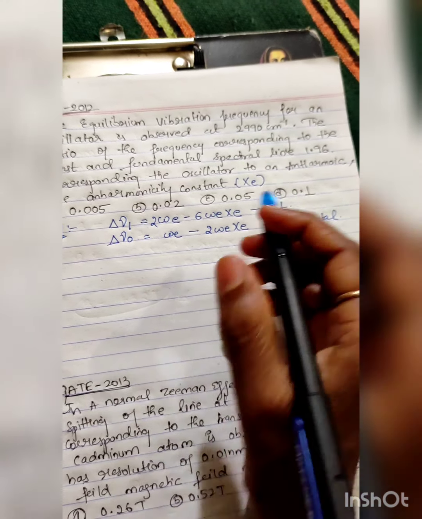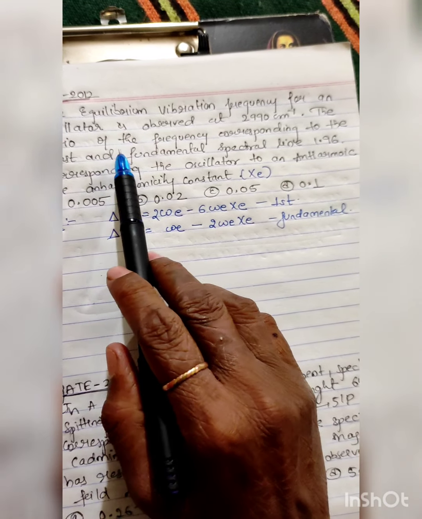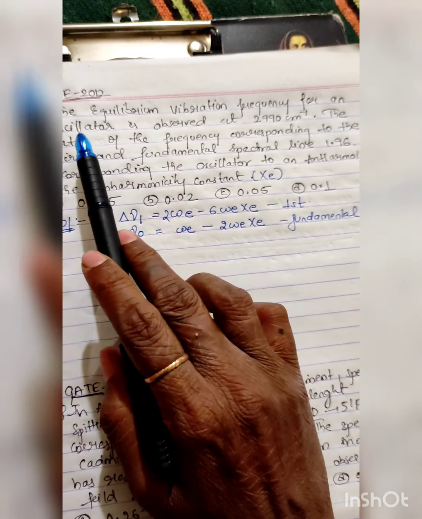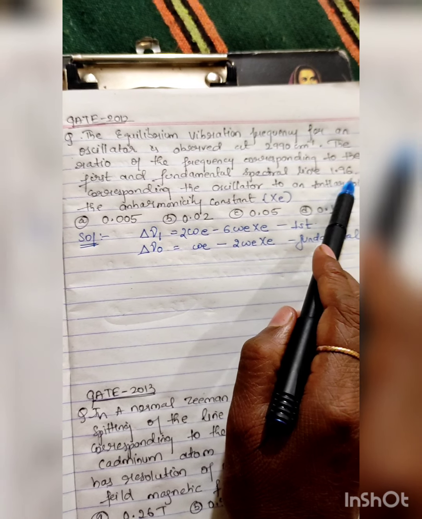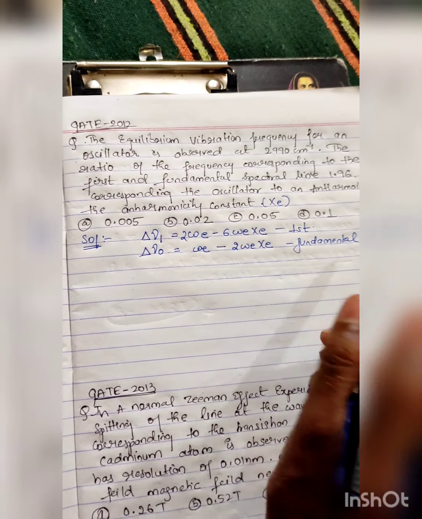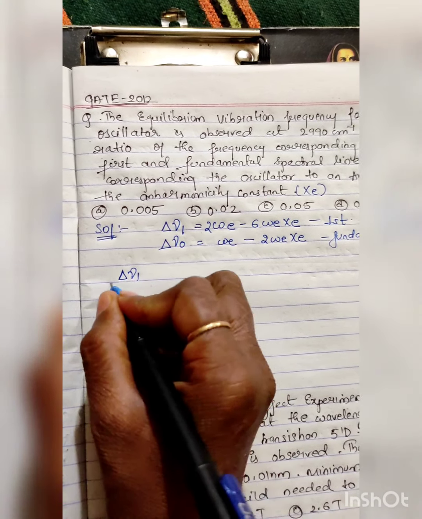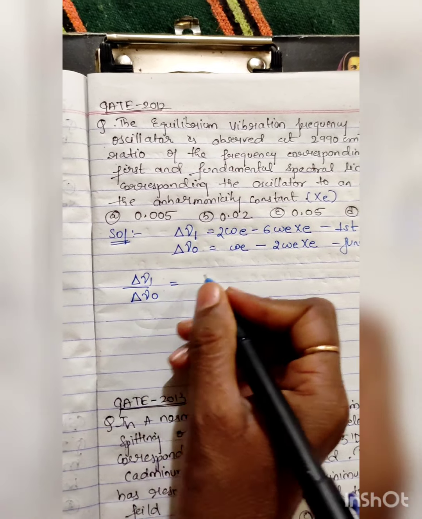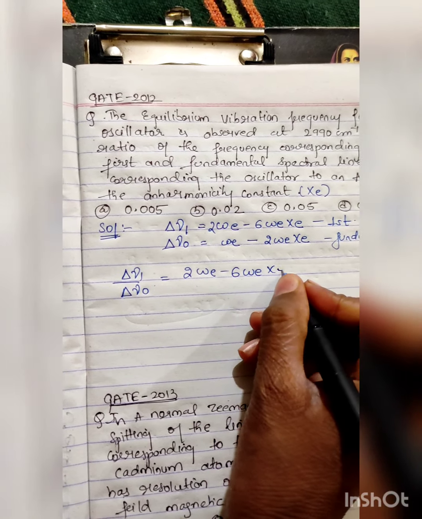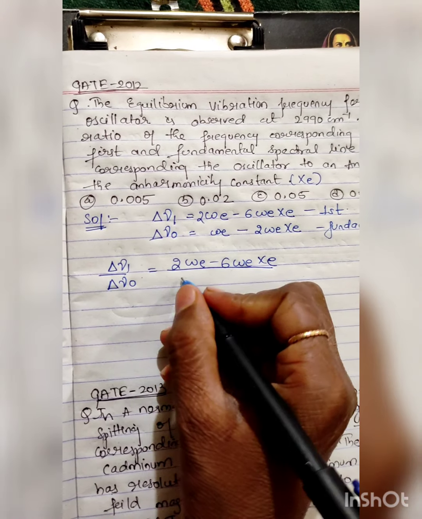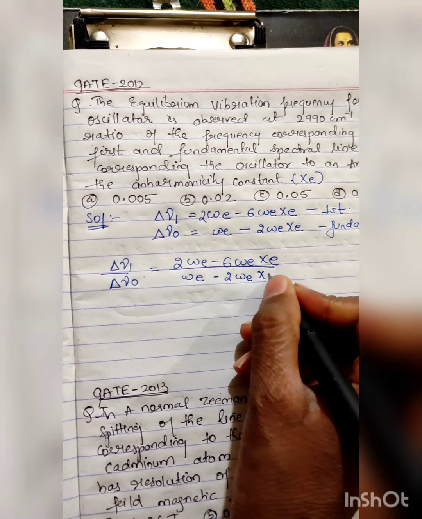Since they have given the ratio of the first and the fundamental spectral line, in this question you simply have to take the ratio of these two values, that is delta nu 1 by delta nu naught, which is 2 omega e minus 6 omega e xe divided by omega e minus 2 omega e xe.